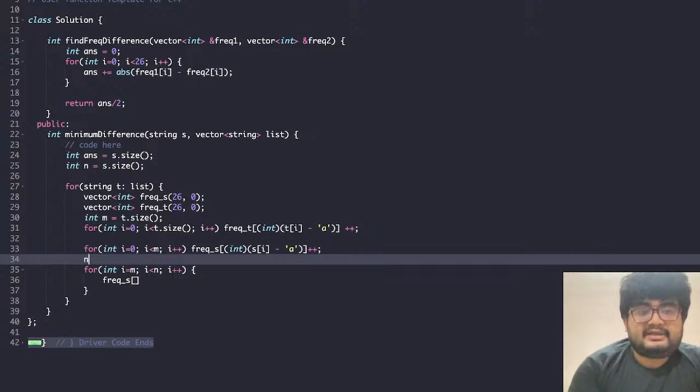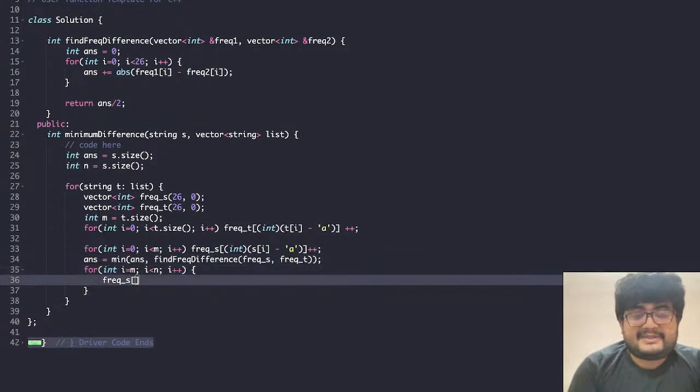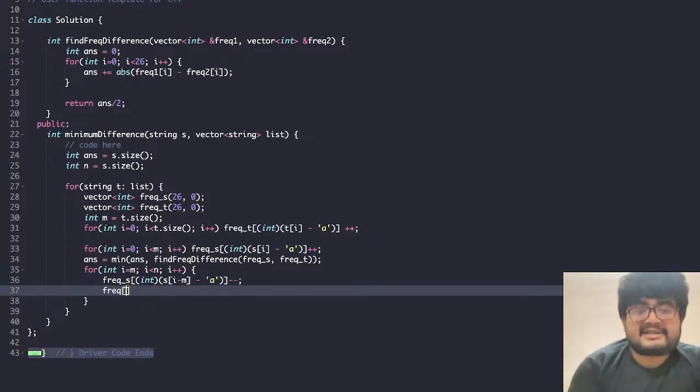Answer equals min answer, and find frequency difference. We are comparing with the first window, so here we'll have frequency of s and frequency of t. The first window and frequency of s of int of s of i minus m is going away, i minus m minus a minus minus, and what is coming?